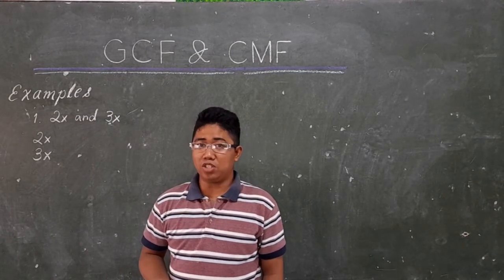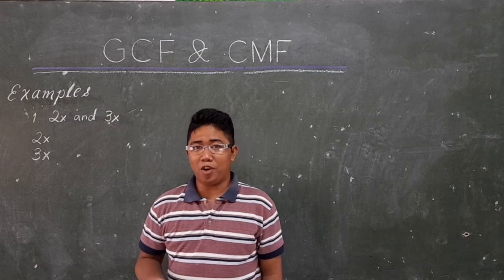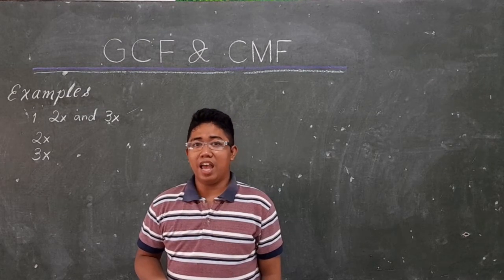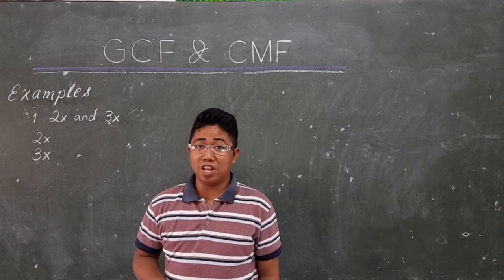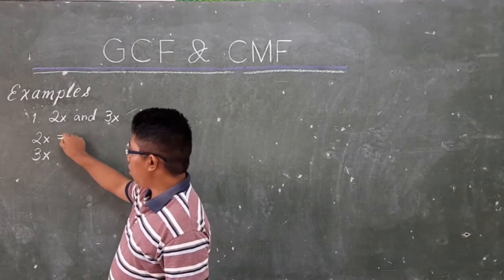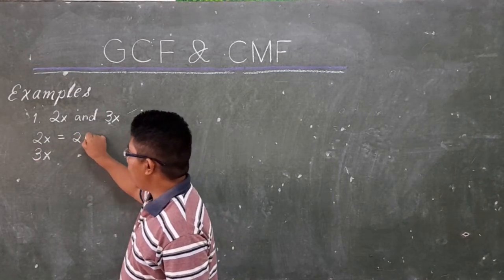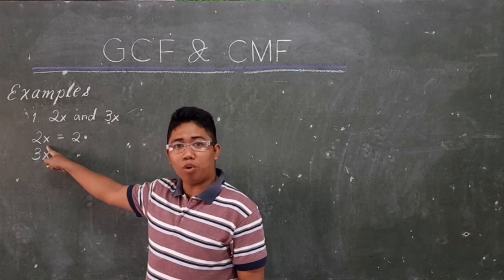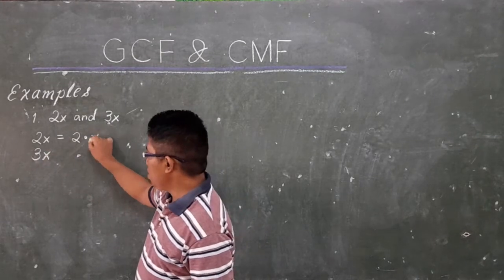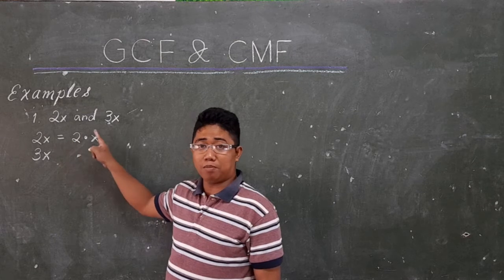The next thing to do is to express them as the product of their numerical and literal coefficients. So 2x is expressed in factor form as the numerical coefficient 2 times the literal coefficient x. So the factor form of 2x is 2 times x.